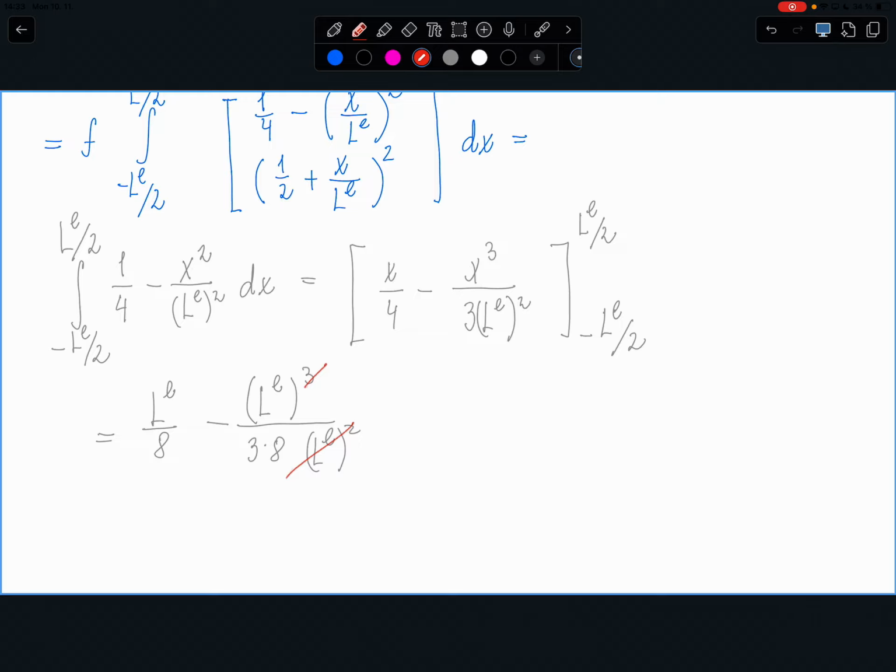So this is the first contribution, if you wish, from which I will subtract the second one. So I will have this minus LE over 8.